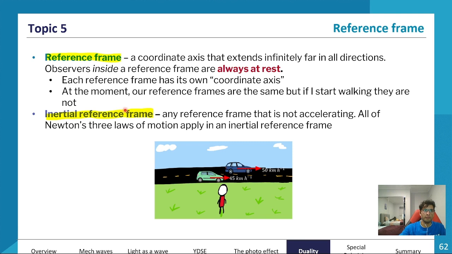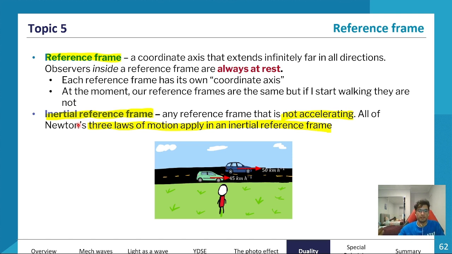An inertial reference frame is just a reference frame that is not accelerating, and all three laws of motion apply. The basic idea is that if you are blindfolded in a dark room in a train that is traveling at 100 kilometers an hour, you cannot tell the difference, because you have no reference frame.